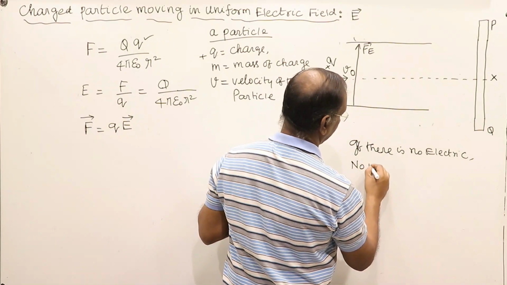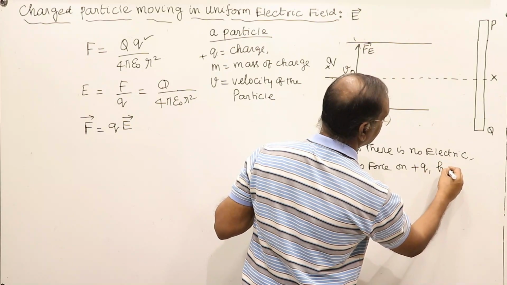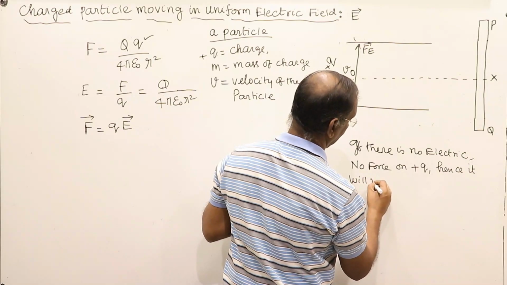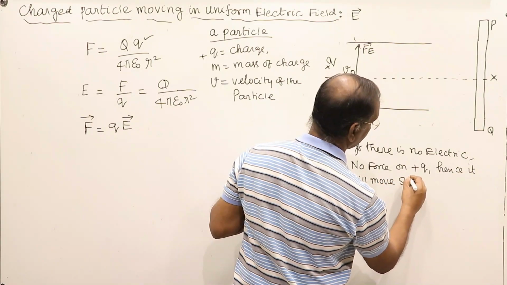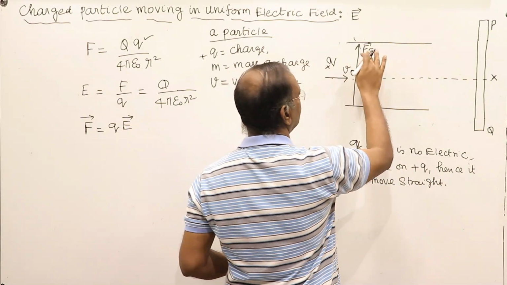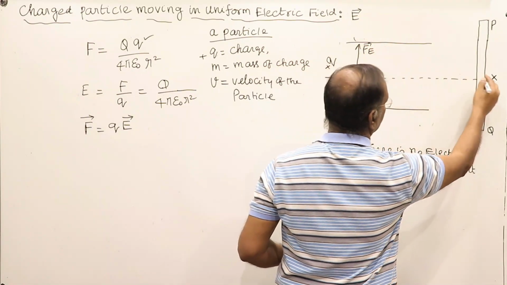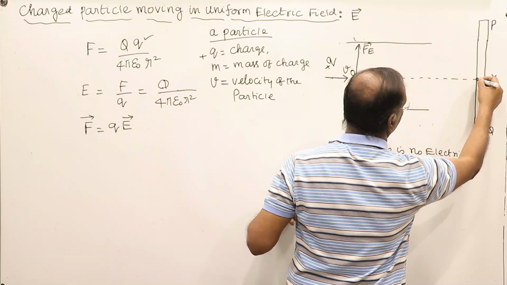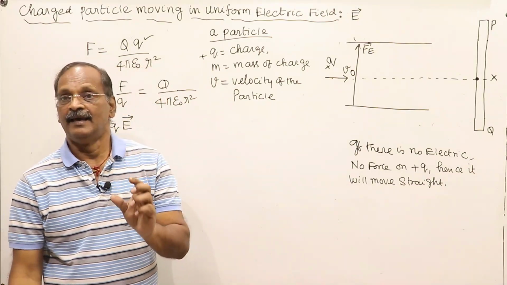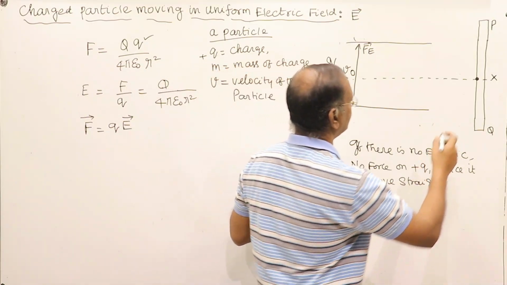There is no force on plus Q, hence it will move straight. If there is no force, the force is equal to 0, and it will move straight and strike the screen at this point. We call this point A.